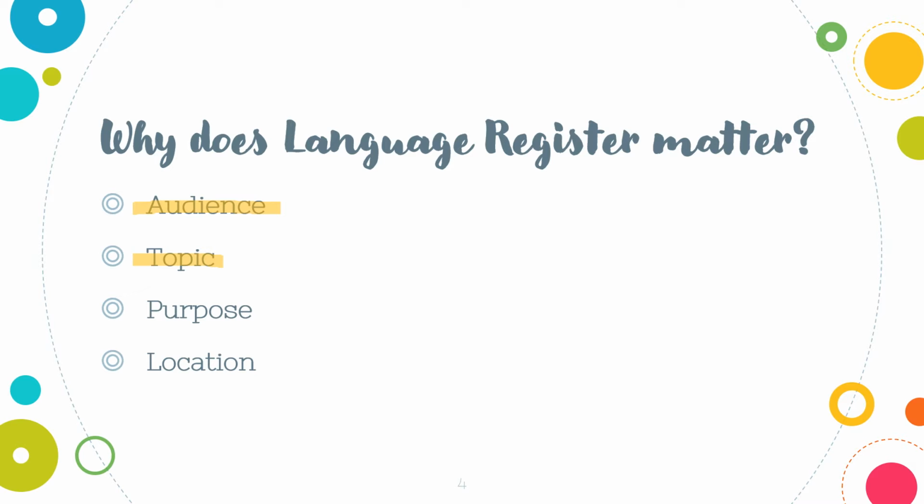The third one is purpose. Students should clearly understand the purpose of their writing or speech. Is it to inform, argue, persuade, describe, narrate, share cause and effect, or some other purpose? When students are clear on the purpose of their writing or speech, they can more accurately choose the language register to use.